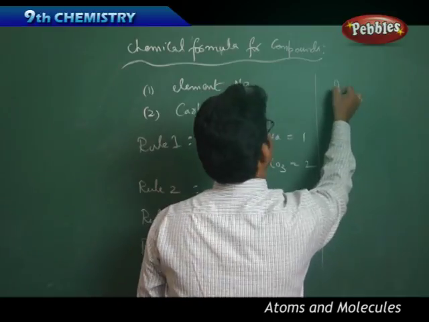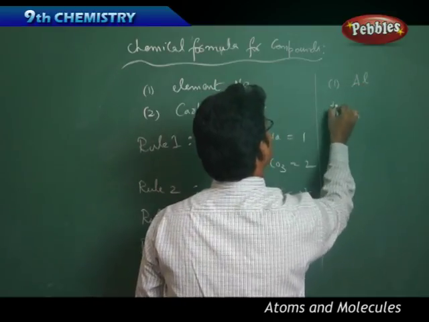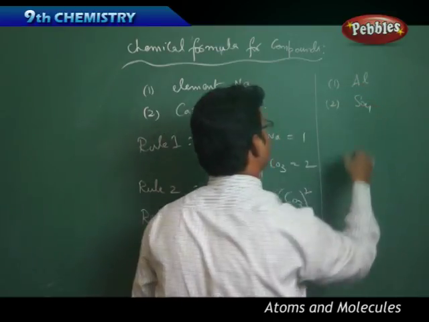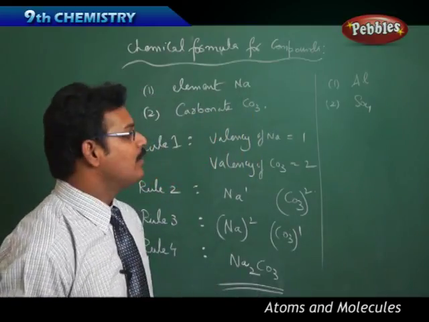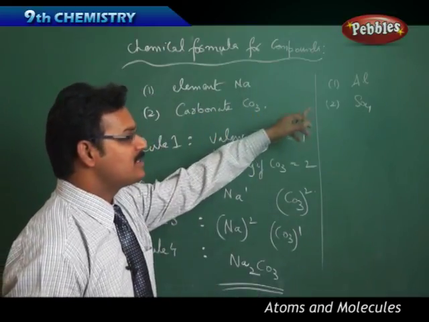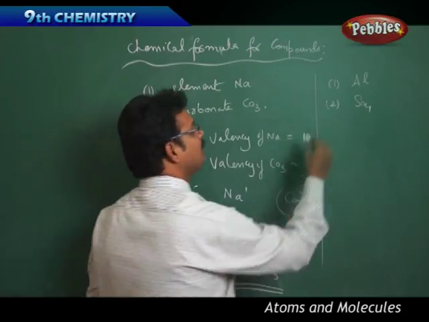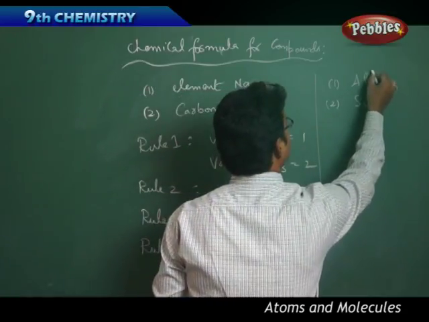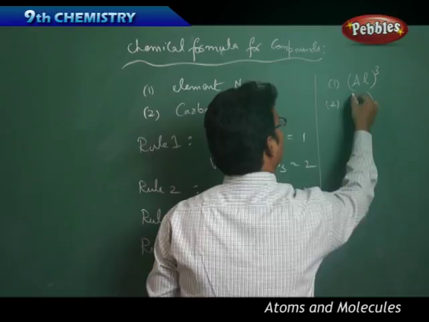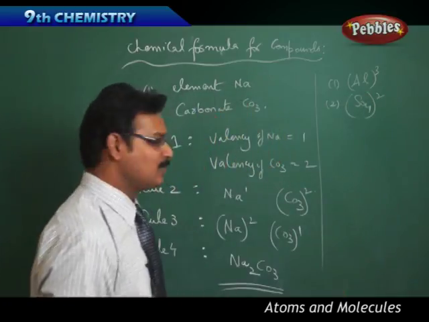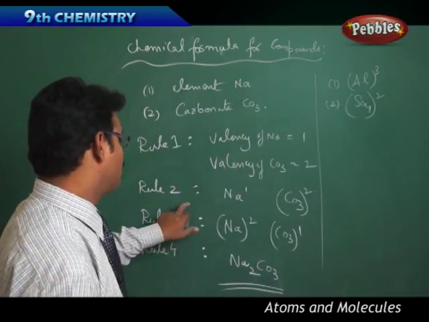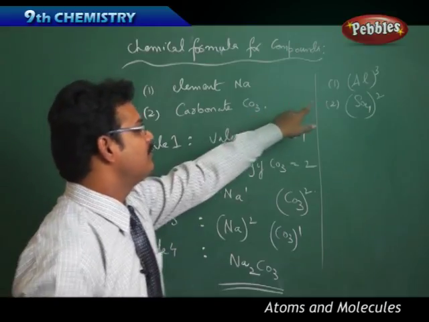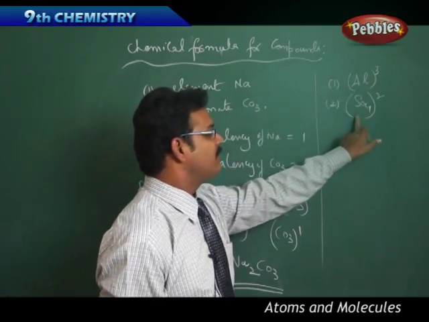I have given first element aluminium, the second element SO4. Now find out what are the valencies of those 2 elements. Aluminium valency is 3, sulfate valency is 2. So I have gone to rule number 2. So aluminium 3 is valency, sulfate is 2.